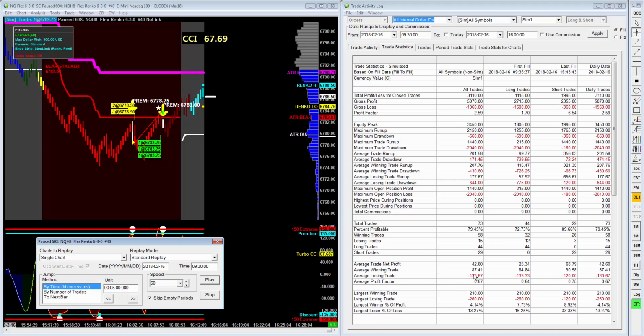The winning trade average was $87, and you get a profit factor of 0.67 on that. The largest winning trade was 210. The largest losing trade was 6. But again, we had a number of winning trades beyond the losers, and overall profit factor. So we did get stopped out on a number of trades, but overall it performed quite admirably. And it performed pretty much how I designed it.